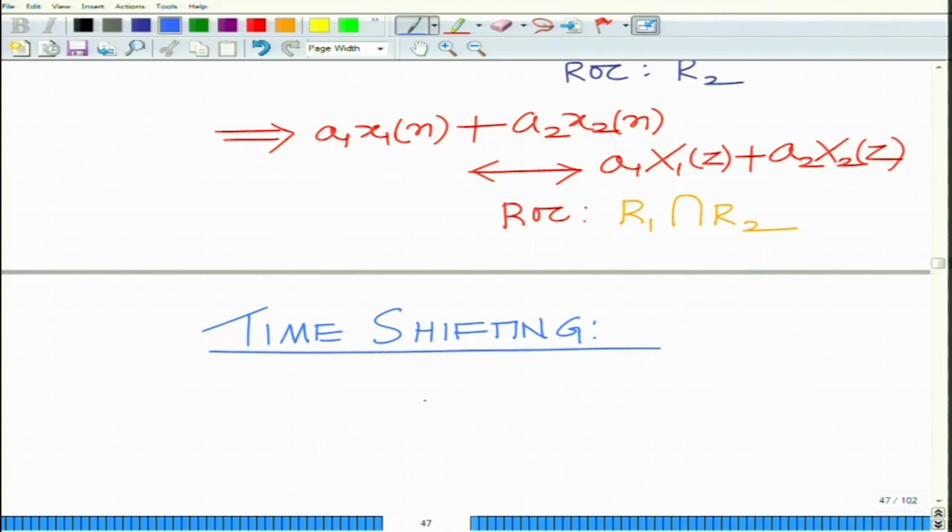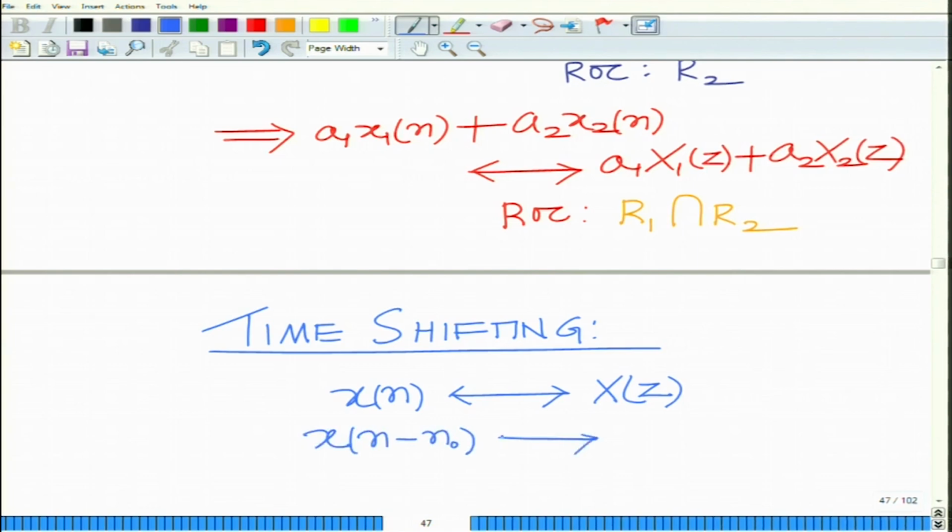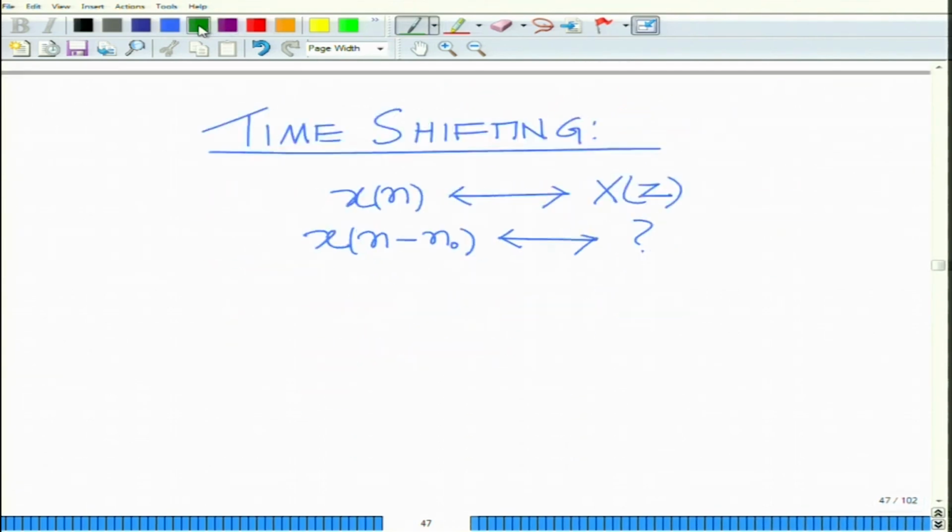The time shifting property. Let us say x of n has the z transform x of z. Then what is the z transform of x of n minus n naught?